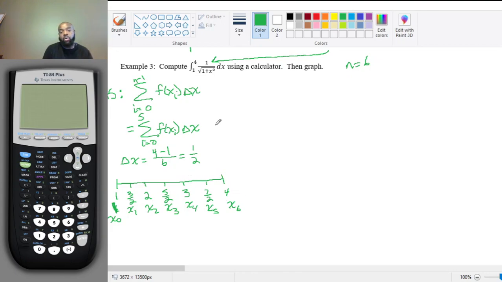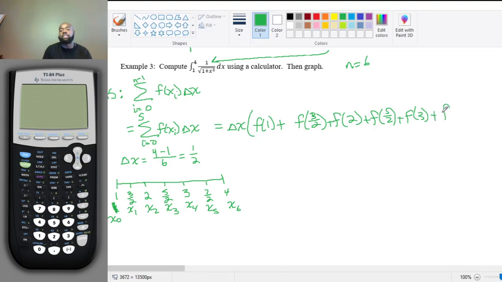And so my integral is going to be found by taking my delta x times f of x sub 0, which is 1. So f of 1 plus f of 3 halves plus f of 2 plus f of 5 halves plus f of 3 plus f of 7 halves.